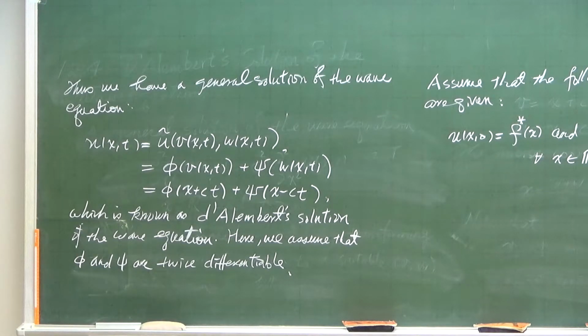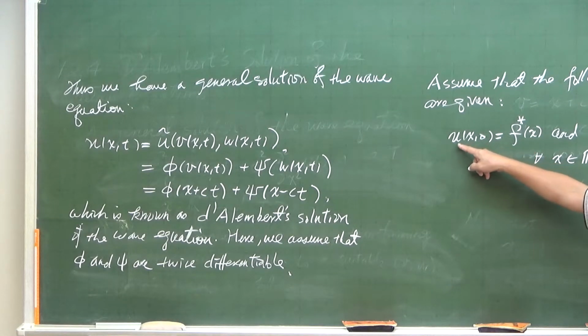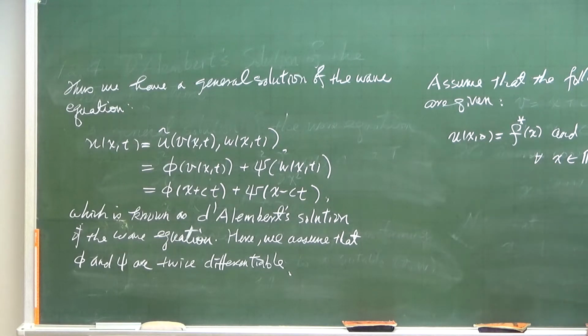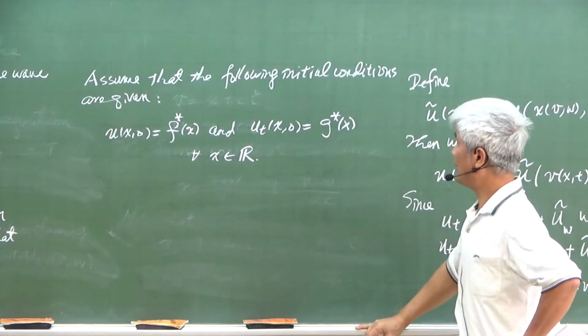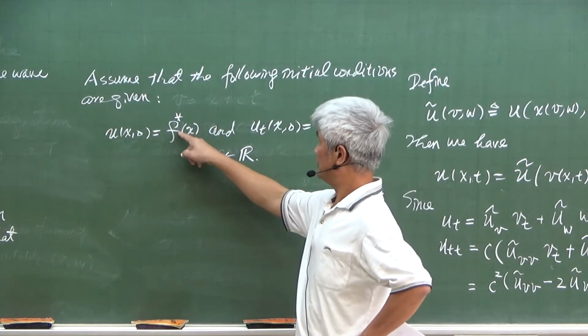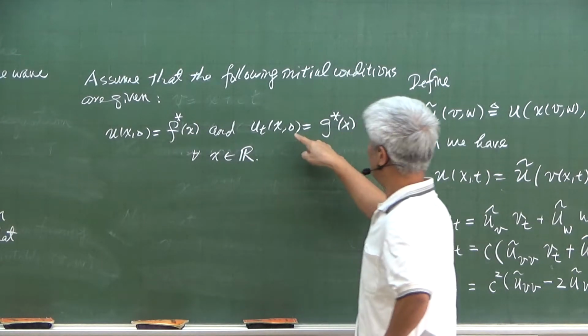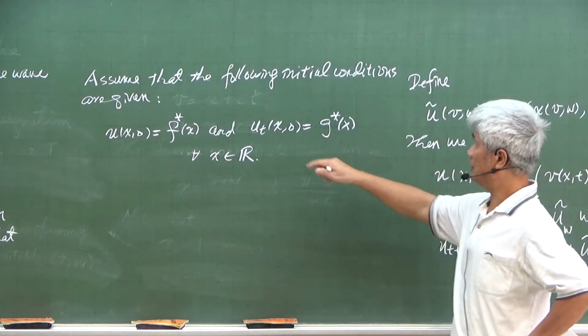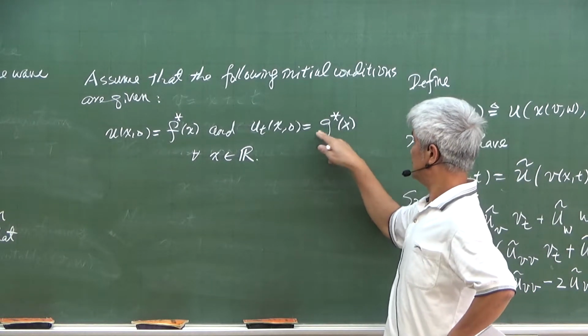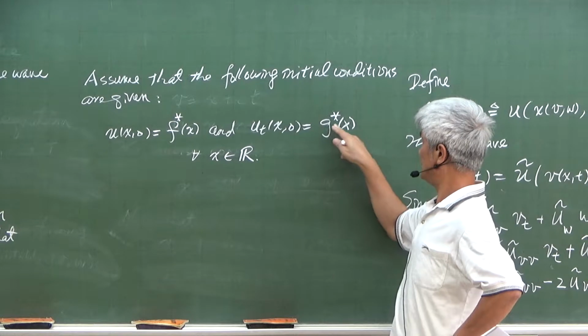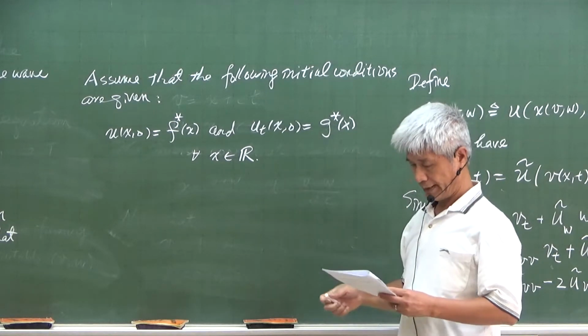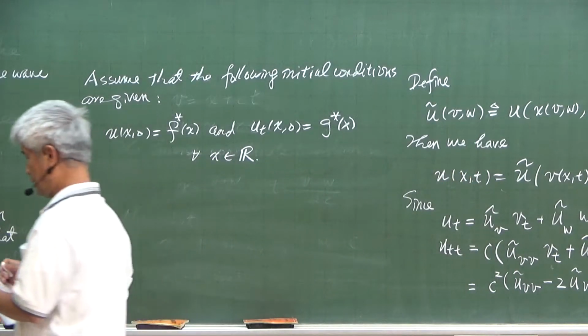First of all, we impose the initial conditions here: the function u at time 0 is equal to f star x, and the initial velocity at time 0 is g star x. So you first put the initial conditions.